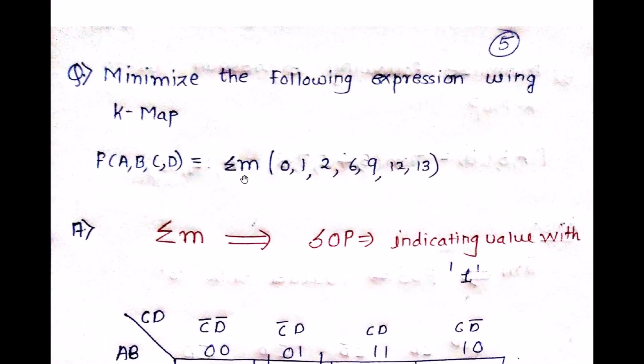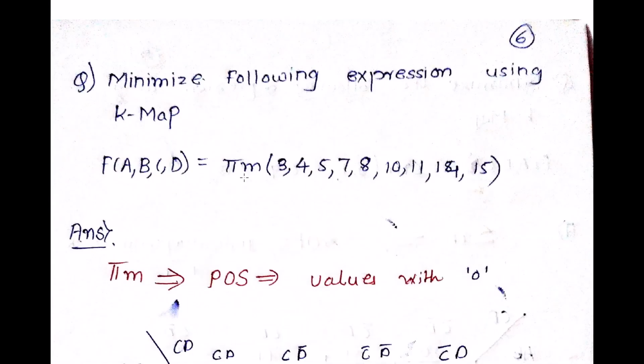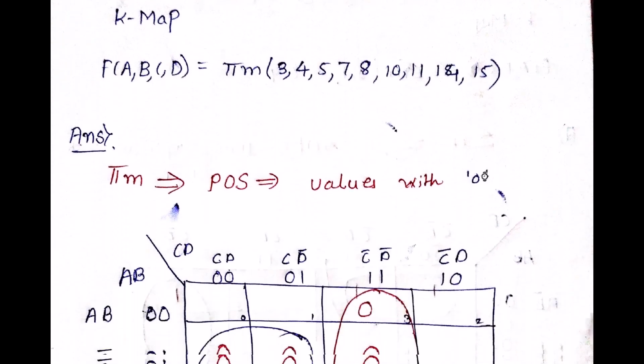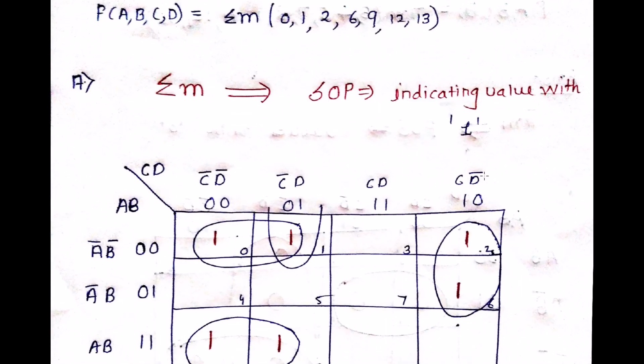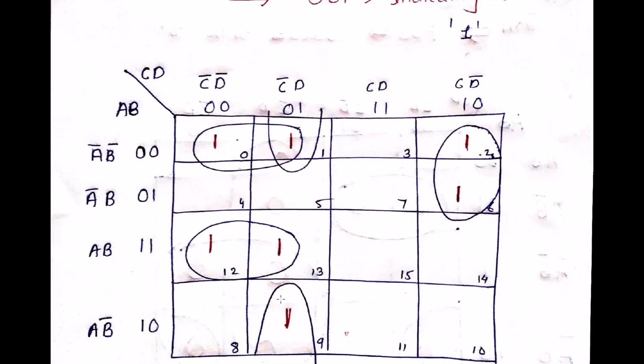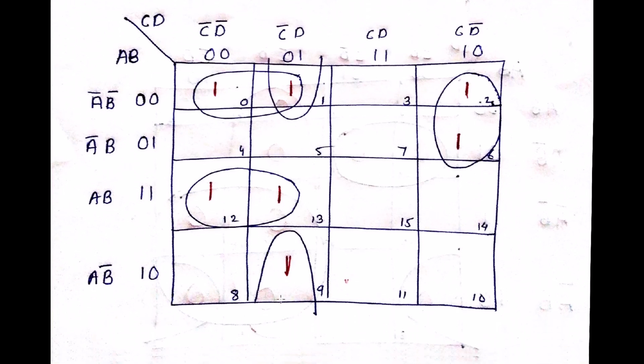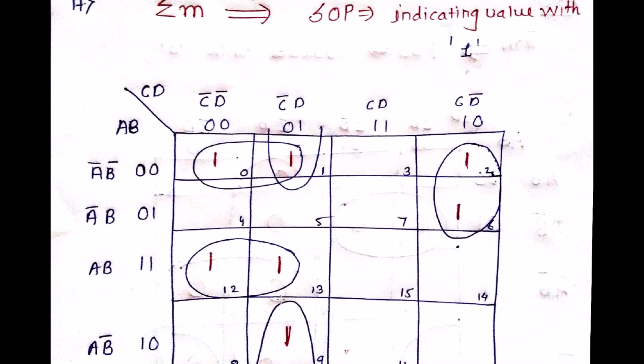Had it been POS, had there been pi of M, as you see in the next numerical, I indicate all these variables with 0. So since it is summation of M, a SOP, sum of products, I'm going to indicate all these values with 1. So it's a 4 by 4 kind of table, a 4 variable table.